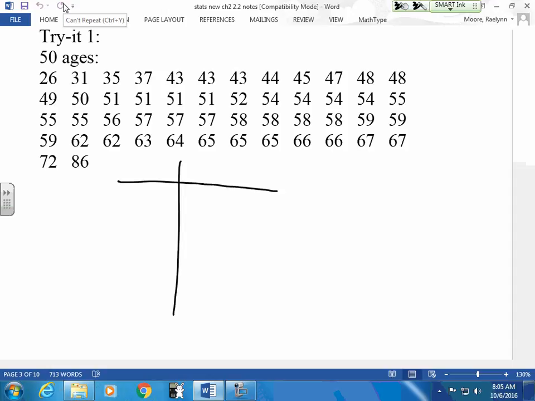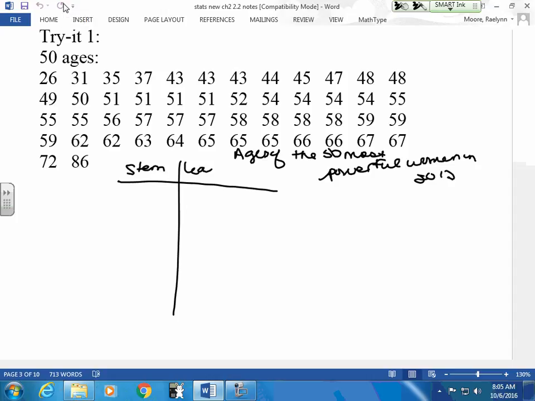We're going to give this a title. Okay, now your stem and leaf, this is your stem, this is your leaf.